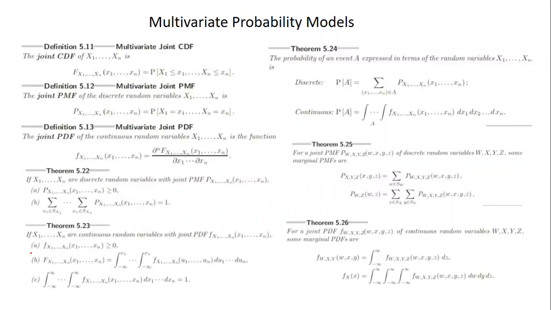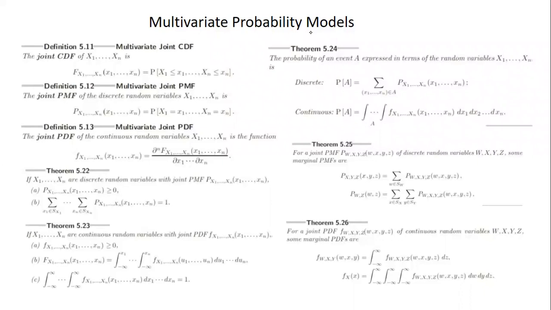Okay, here we have several definitions, as you can see. Multivariate CDF, multivariate joint PMF, multivariate joint PDF, and several theorems. All are simply an extension of the previous lesson, where we considered bivariate variables.